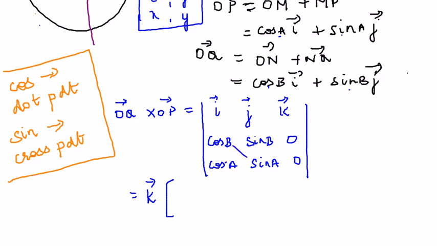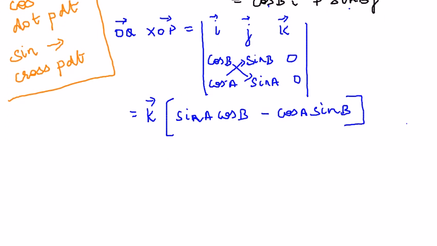So this into this minus this into this. So sin A cos B minus cos A sin B. Mark this as equation 1.